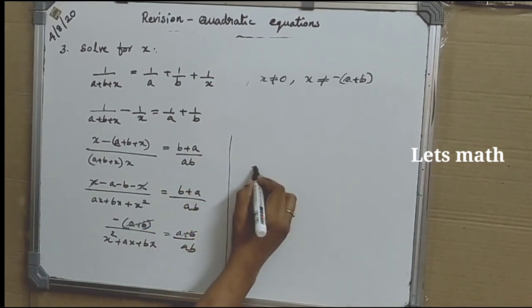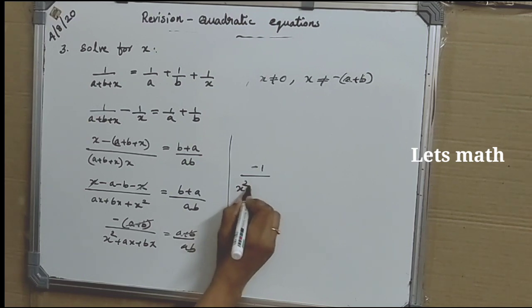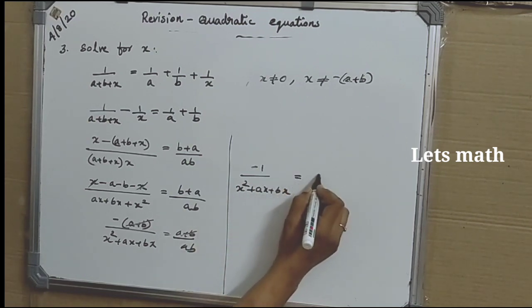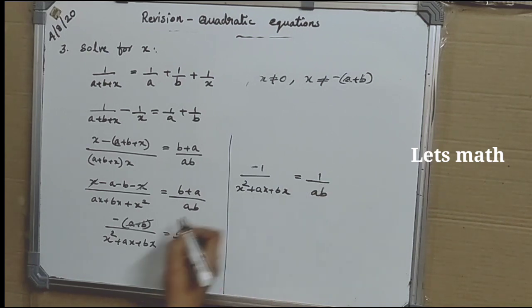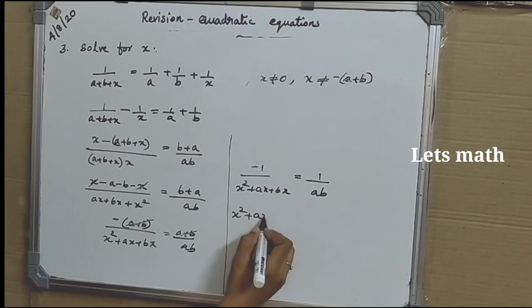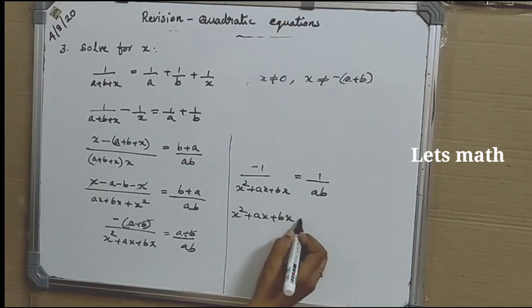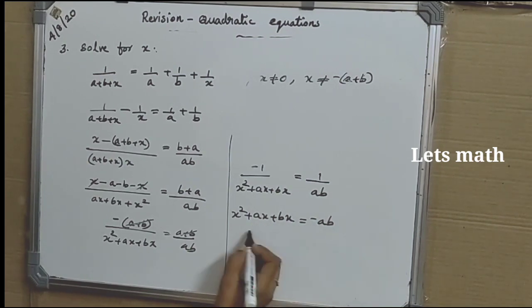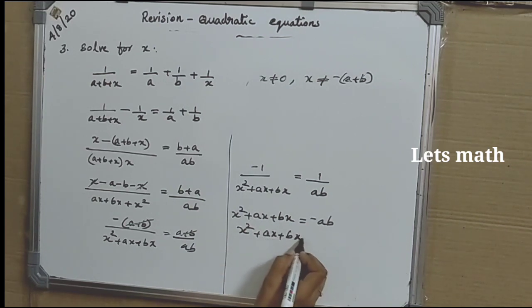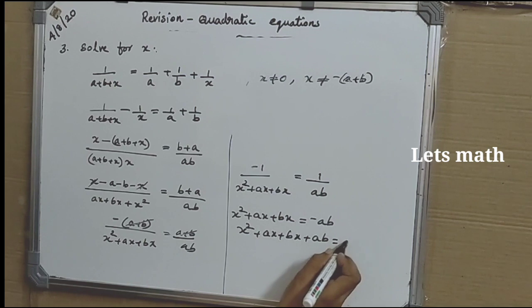We get negative 1 by x square plus ax plus bx equal to 1 by ab. Now again cross multiplication. X square plus ax plus bx equal to negative ab. So that x square plus ax plus bx plus ab equal to 0.